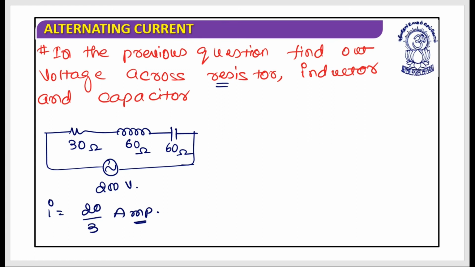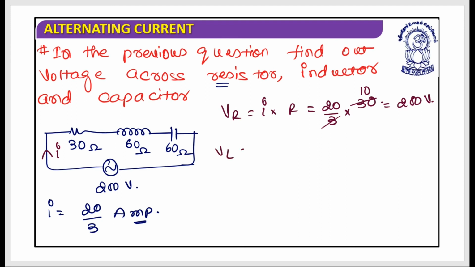That means let's calculate the VR, which is equal to I into R. The I through this circuit is 20 by 3. The resistance is 30 ohm. This is 20 into 10, which is equal to 200 volt. What is VL?